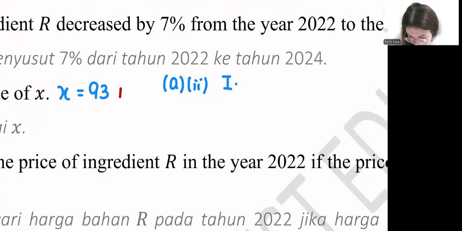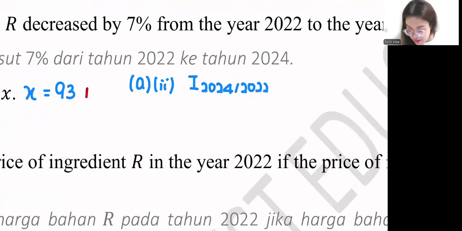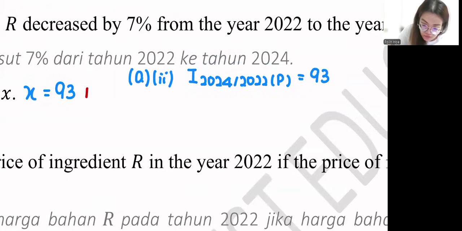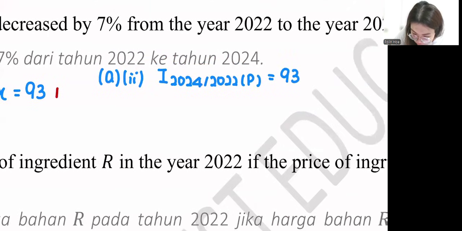The price index 2024 over 2022 这个只是 explanation 啦哈 for ingredient R is 93. This line no need one, this line is just my explanation. You need the first line.